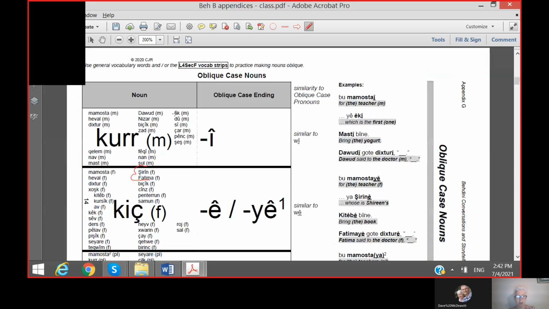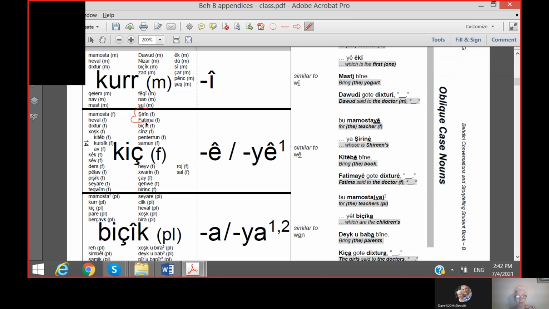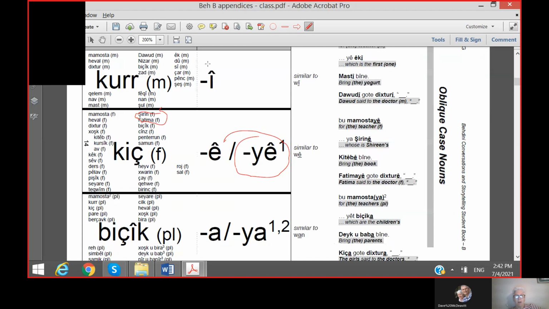So let's go to our Appendix G, and Fatima is right here. Fatima, so it's going to get the A ending. Again, on these charts, you have to stay in line. Don't cross this line.